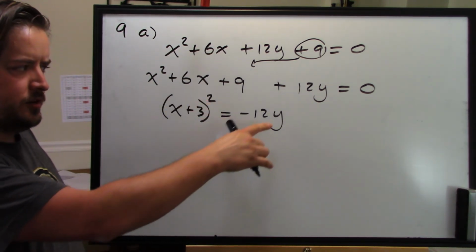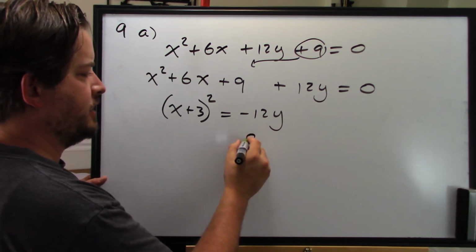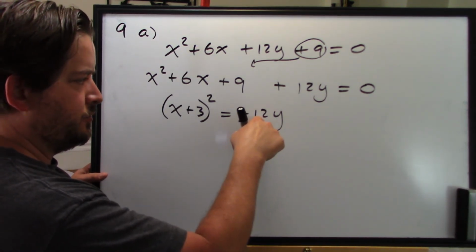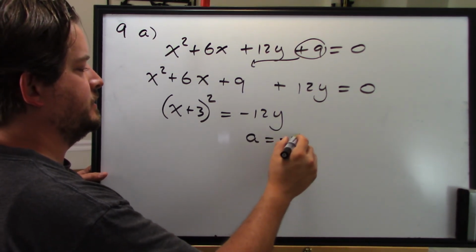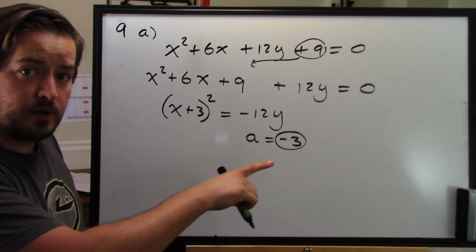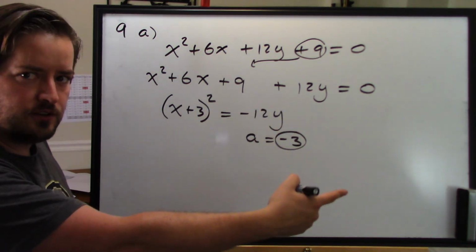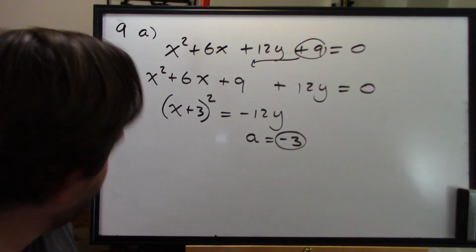My x is squared, my y is not, right? This gives you, I can't remember if they call it a or p in the book, but it's 4p or 4a, whatever it is. But in this case, a is negative 3, right? And that tells you how far into the parabola that your focus is and how far on the other side your directrix is, right?